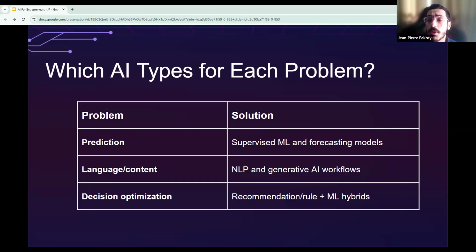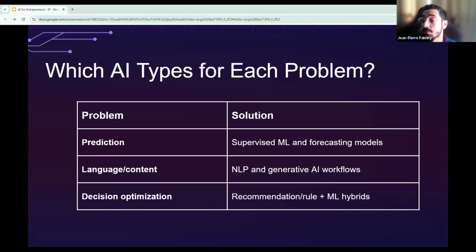Now, on the other hand, if your problem involves language, documents, or content, summarizing reports, answering questions, etc., here you want something that we call NLP, or natural language processing, and generative AI workflows. These are often combined with something that we call retrieval systems, so the answers stay grounded in your actual data.